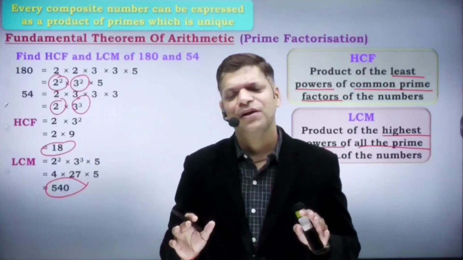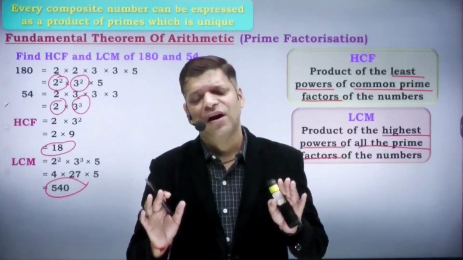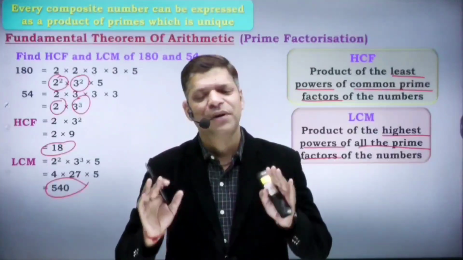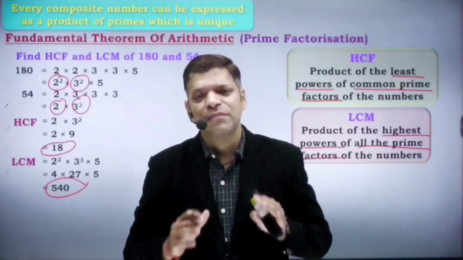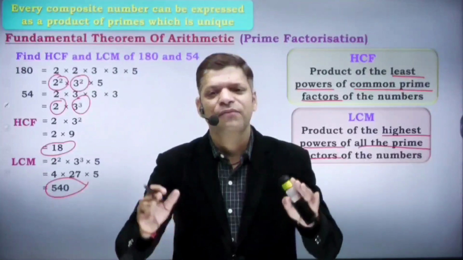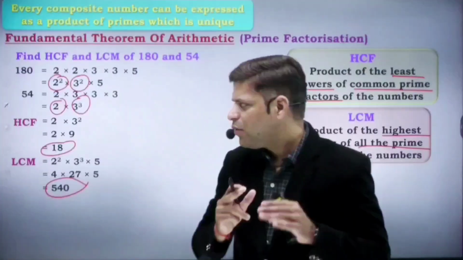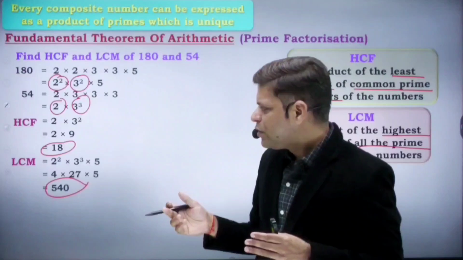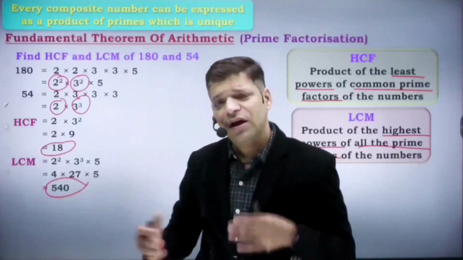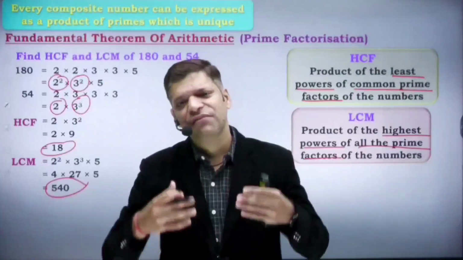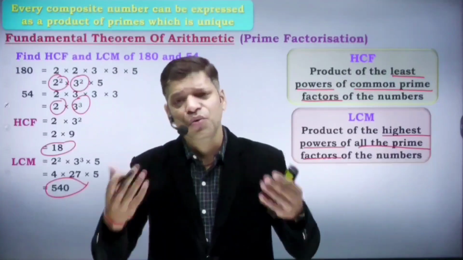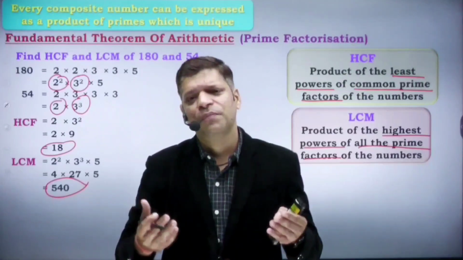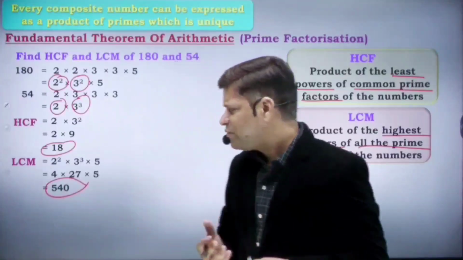So the first application we understand here is how we find the HCF and LCM with the help of the fundamental theorem of arithmetic, or prime factorization. Now the next thing: can we find a relation between the HCF and LCM of two numbers and the product of those numbers? That is what we want to check.